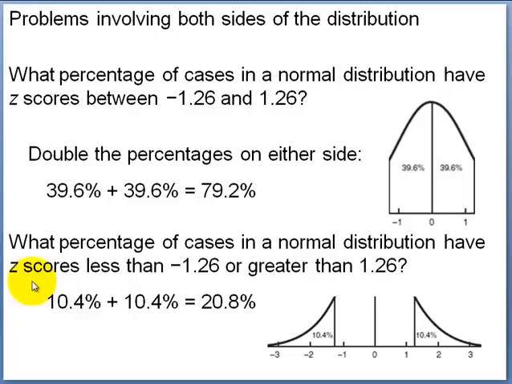So it's asking us to consider both tails, both directions, and we know that the percentages are 10.4% for each of those areas, so we simply double the 10.4%, and the correct answer is 20.8%. And note that 79.2 and 20.8 sum to 100%. That is, to all cases.